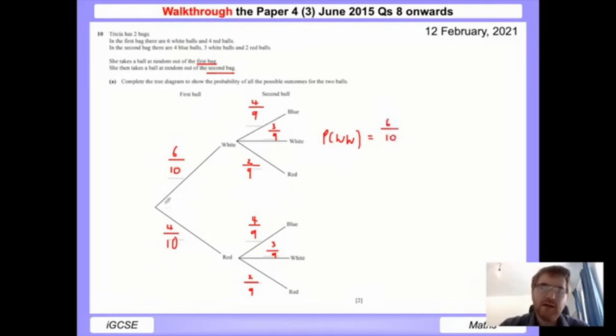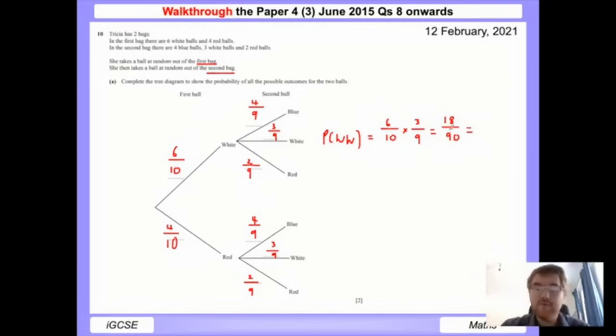And then we multiply along the branches. So we multiply this by 3 over 9. And remember, to multiply fractions, we times the top. So 6 times 3 is 18. And then 10 times 9 is equal to 90. And we should simplify at the end if we can.